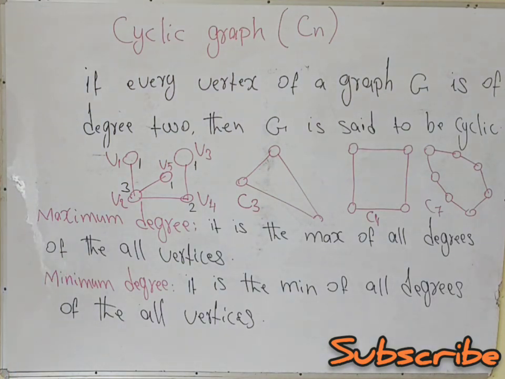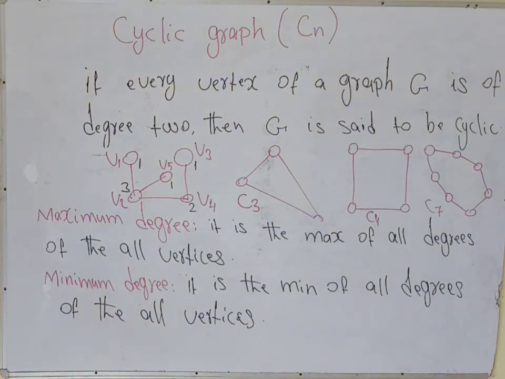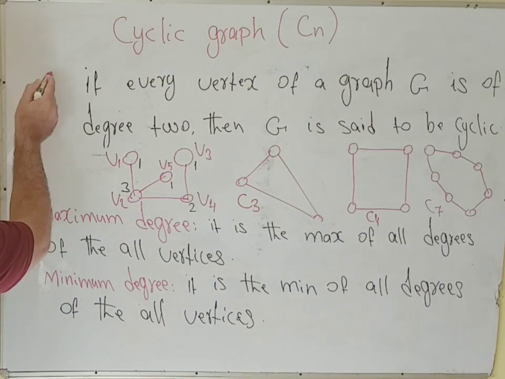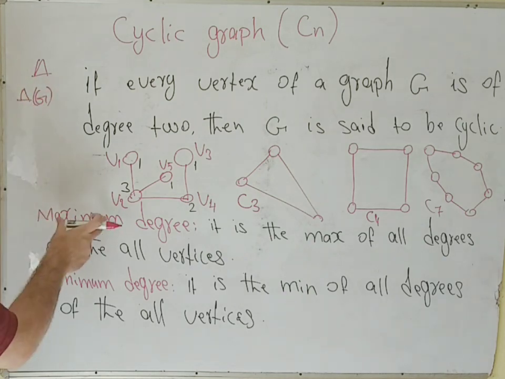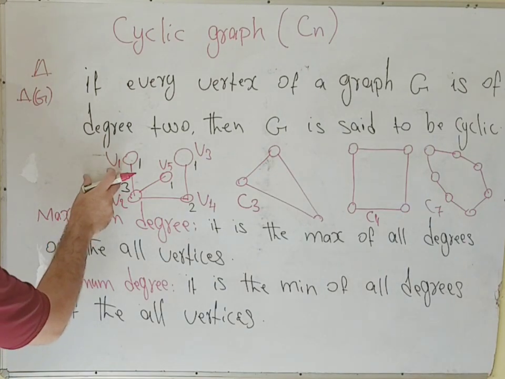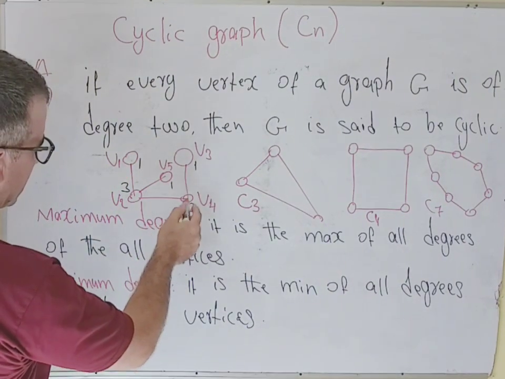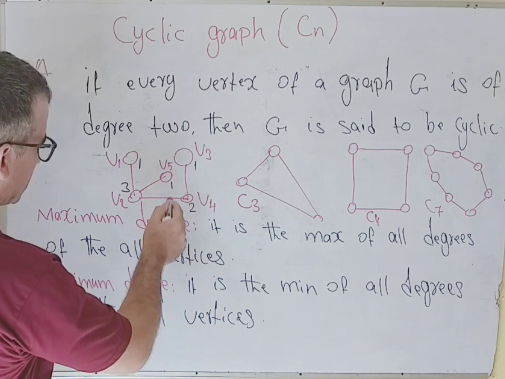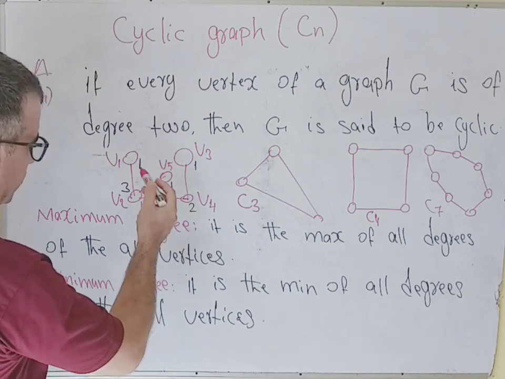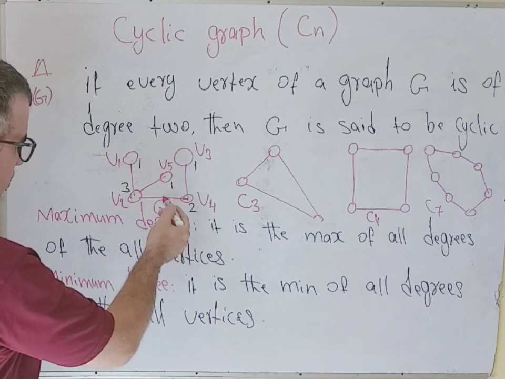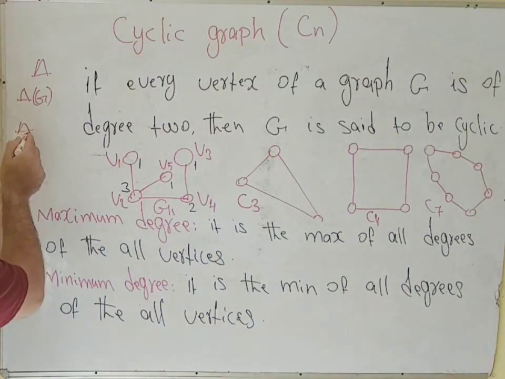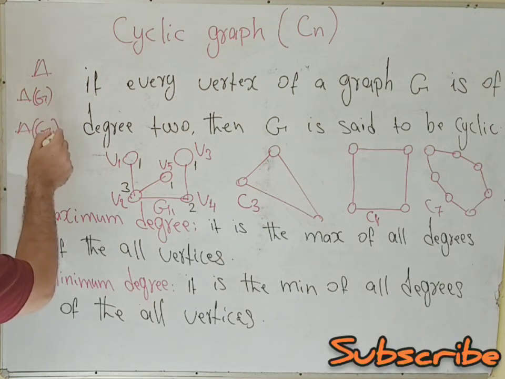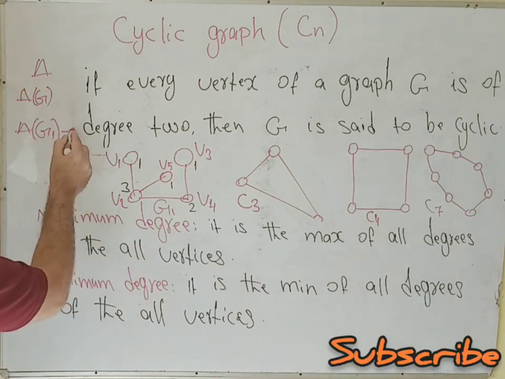And the maximum degree in a graph is denoted by capital delta, or delta G. So in this graph, if we label it G1, delta G1 is equal to 3.